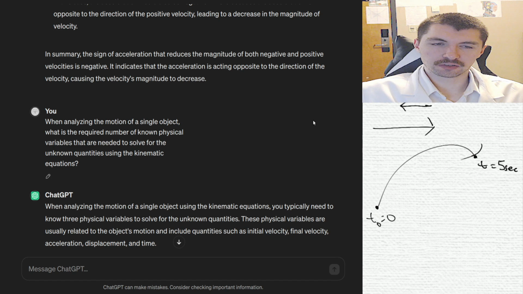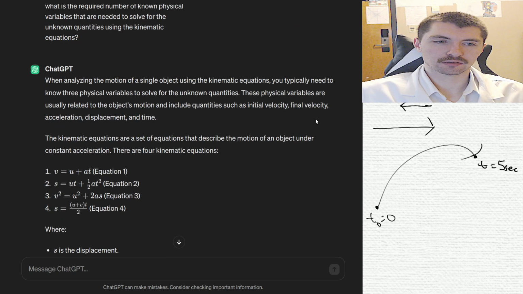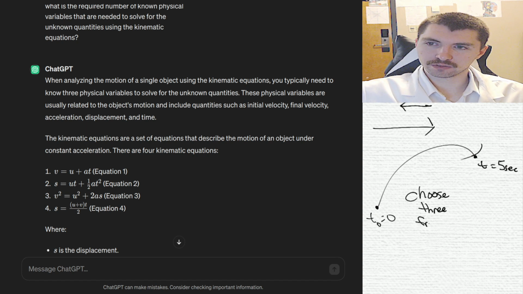So this book's arguing 3. So you need to choose 3 from a set.